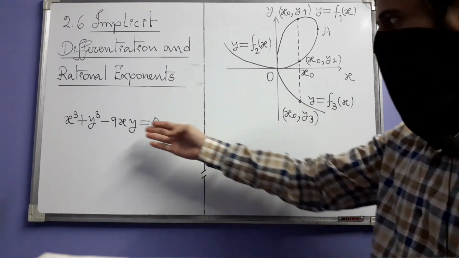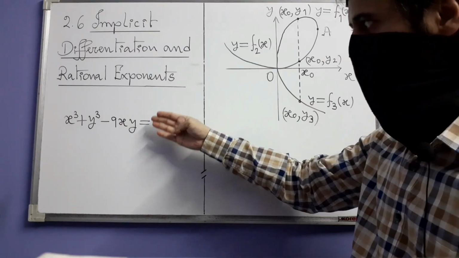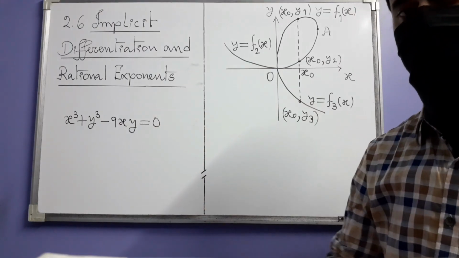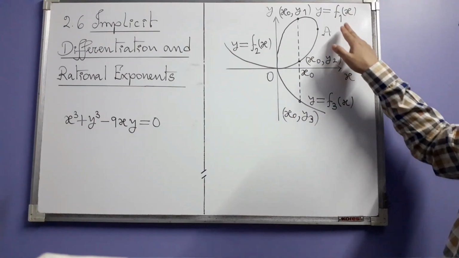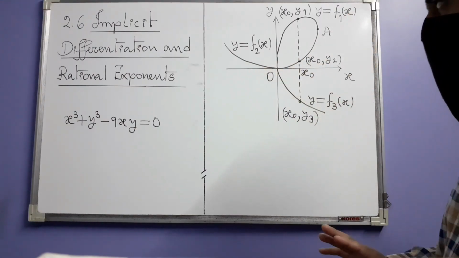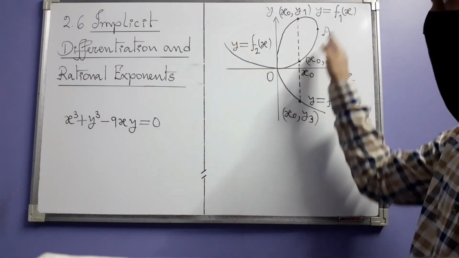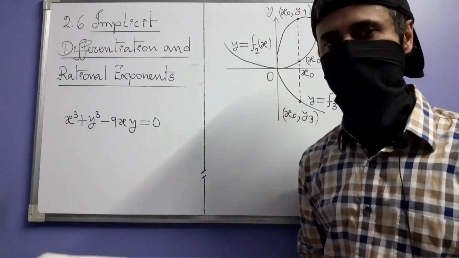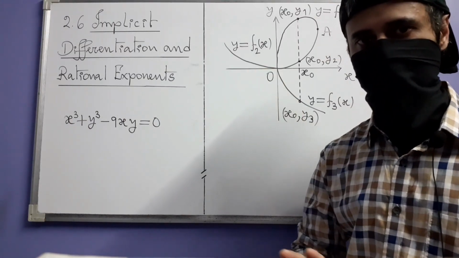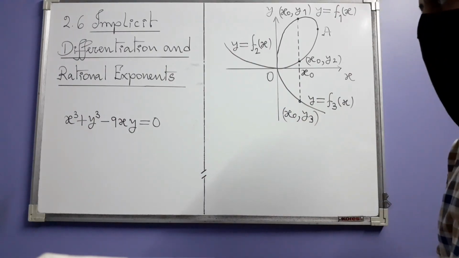Okay, and you do not solve this for y in terms of x readily, that's what I am saying. So whatever functions you have here, f1, f2 and f3, which together give you the entire curve, they are hidden inside this equation and they cannot be found so easily.